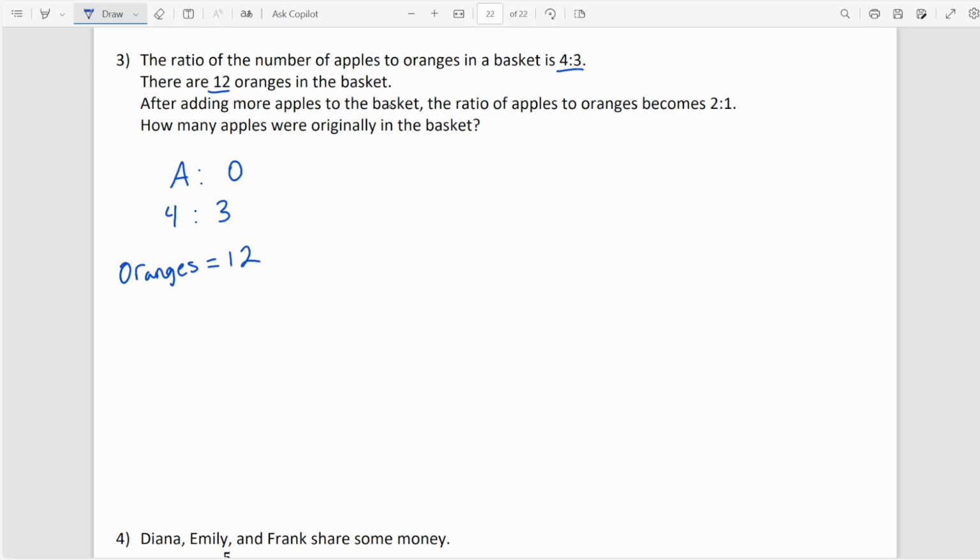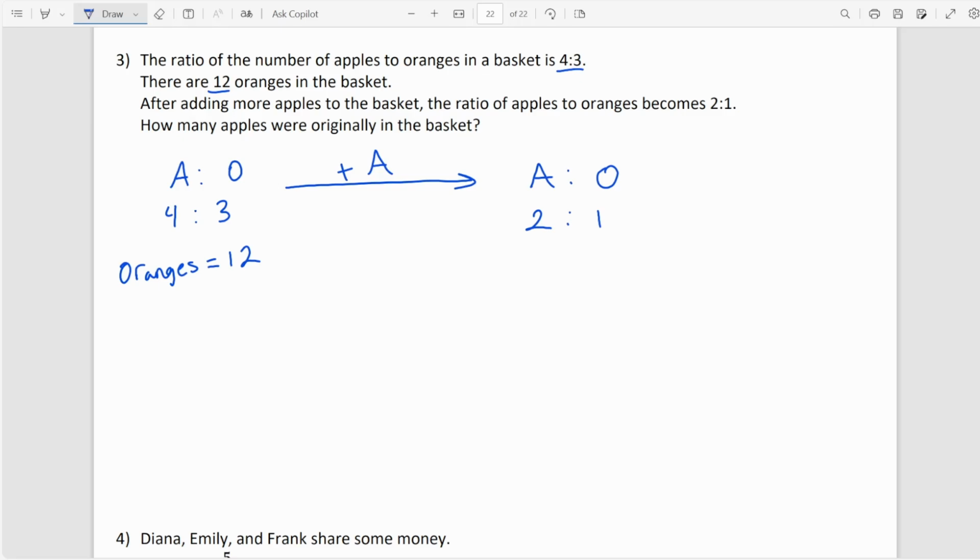After adding more apples to the basket, the ratio of apples to oranges becomes 2 to 1. So we added apples, and the new ratio of apples to oranges is 2 to 1. Now we're being asked how many apples were originally in the basket.